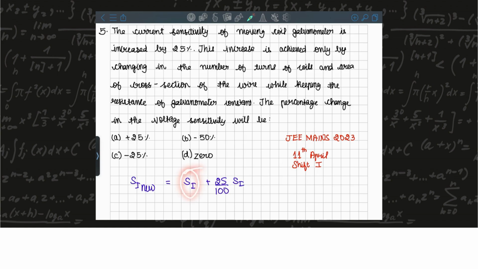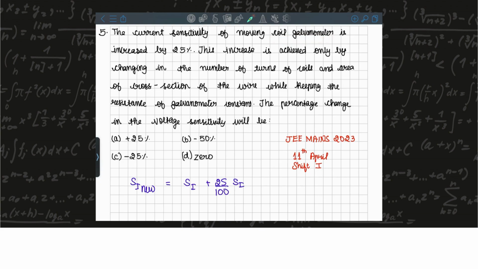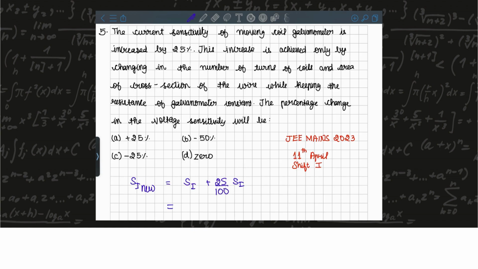So this one is the old value, and this is the new value. That is the change that we right now see in the galvanometer. So the current sensitivity new will be SI plus 25 by 100 into SI, which is equal to 1.25 current sensitivity.